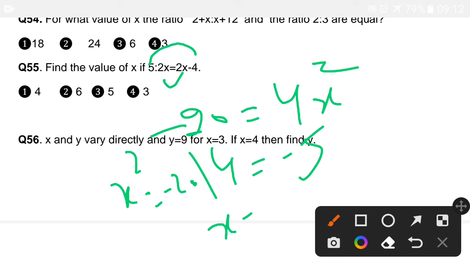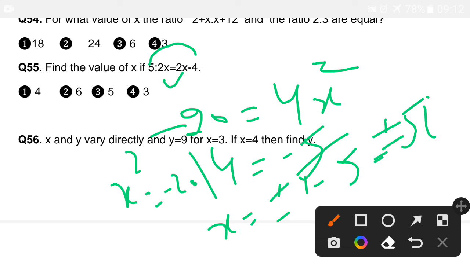So x is equal to plus minus square root of minus 5, which gives us 5 iota. So x is equal to plus minus 5 iota. So in this case none of the given options is the right option. All the given options are wrong, and the required answer of this proportion is plus minus 5 iota. So the x value is plus minus 5 iota.